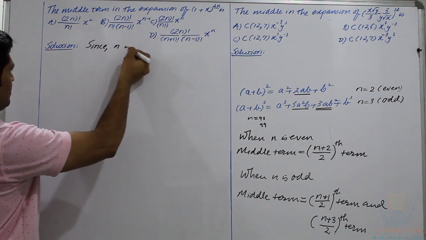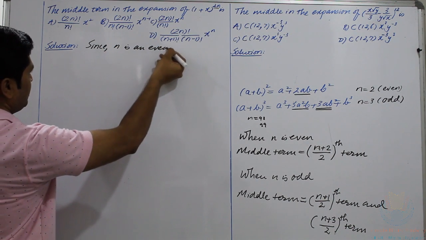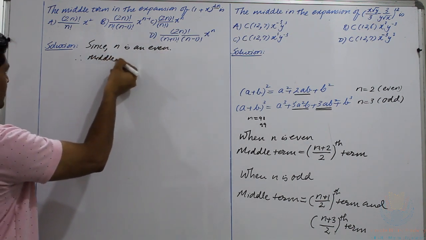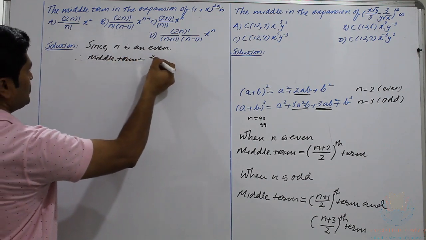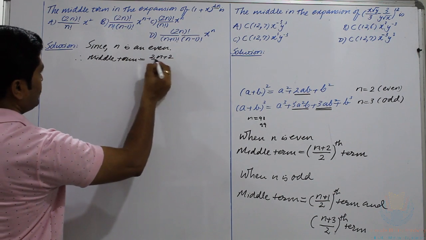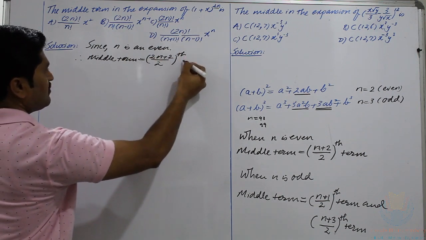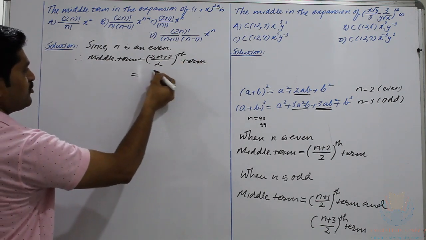this n is even, therefore here the middle term is given by the (2n plus 2) upon 2th term. So let's divide each term of the numerator by 2.